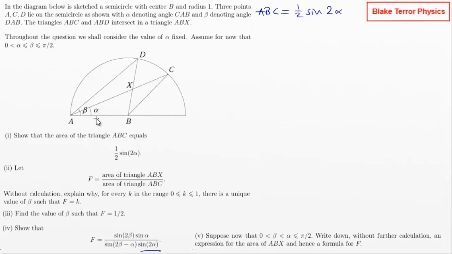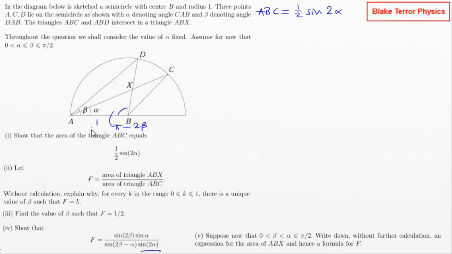So let's look at X then. And oh, we've got betas in this as well, so we could do it off of that angle there, which we know is our pi minus 2 beta. So we could work off of that. Or we could, because we've only got one side at the moment, haven't we?